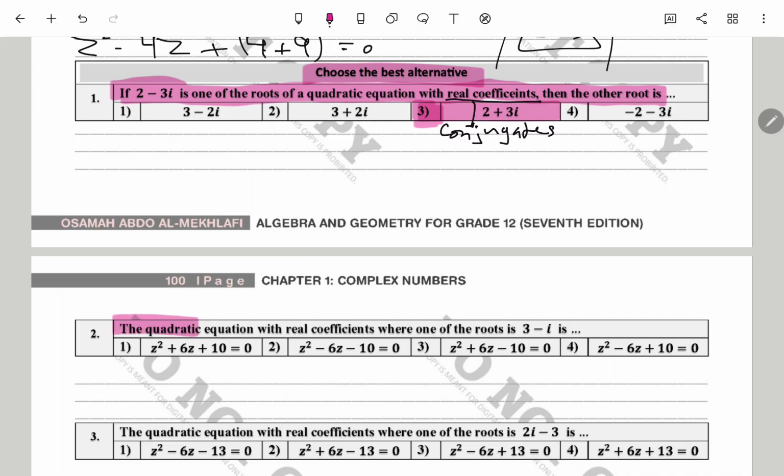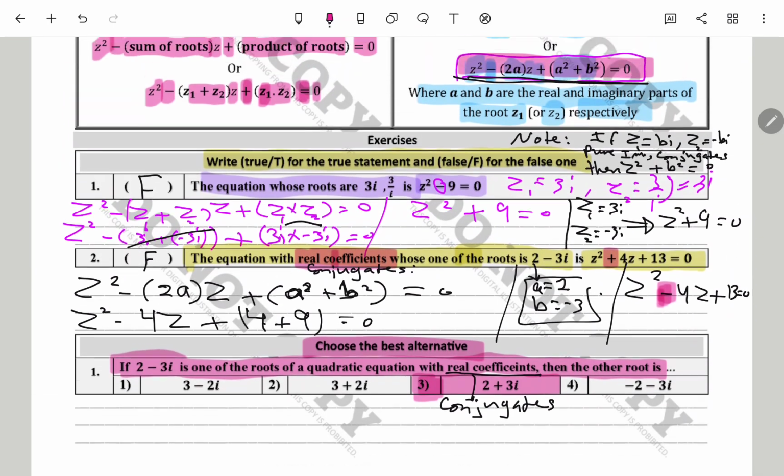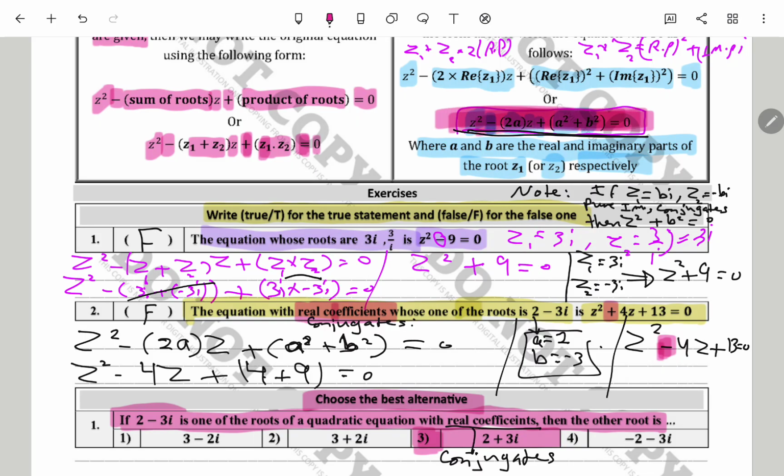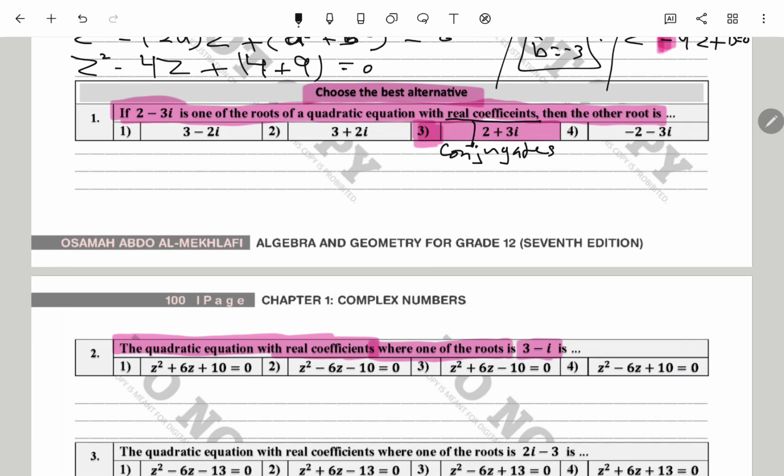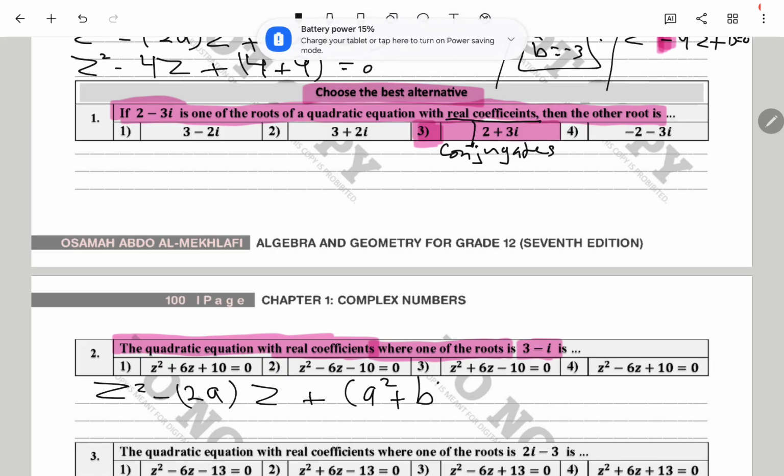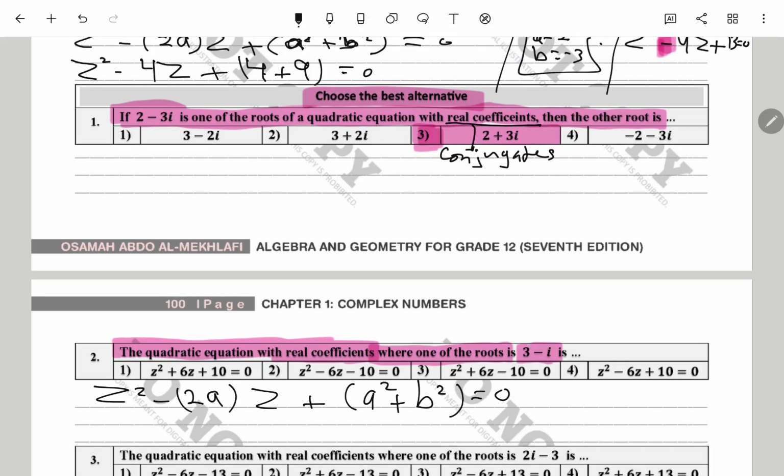The quadratic equation again with real coefficients, where one of the roots is 3 minus i. So I can go back to this equation again, z squared minus 2a times z plus a squared plus b squared, all equal to 0. He gives you one of the roots, so you can get from it a and b. A here is 3 and b here is negative 1.